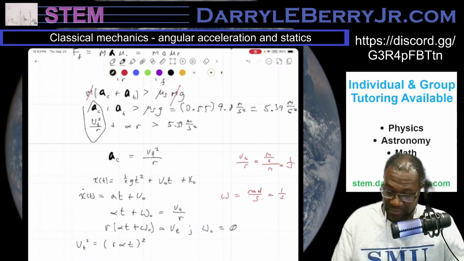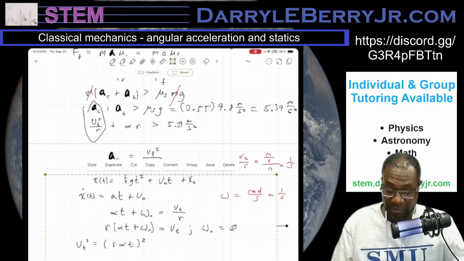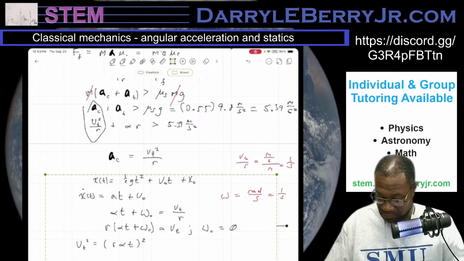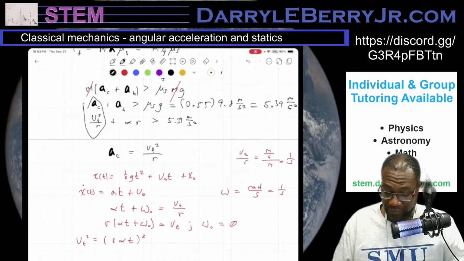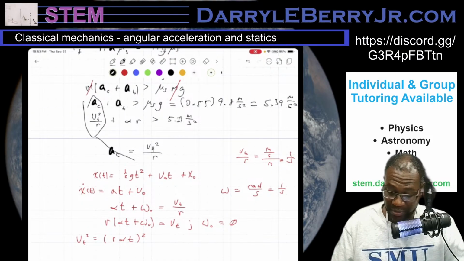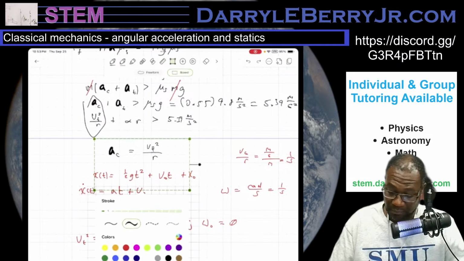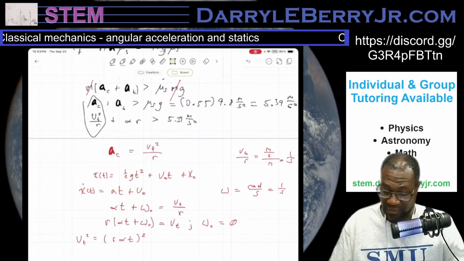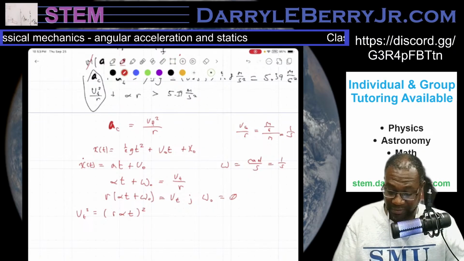So, and let me actually make this all a different color because this was all on the side. So this will stick out. So now all I have to do is plug, and this is part of that. So we did that to get VT in terms of A. So now I can go ahead and plug this in.